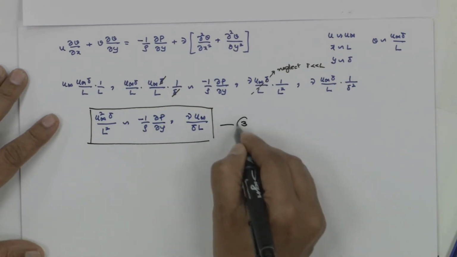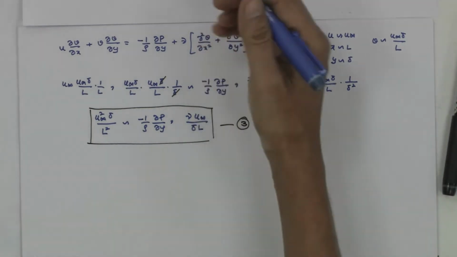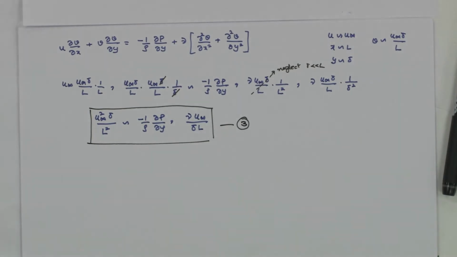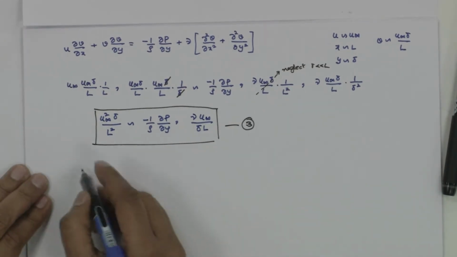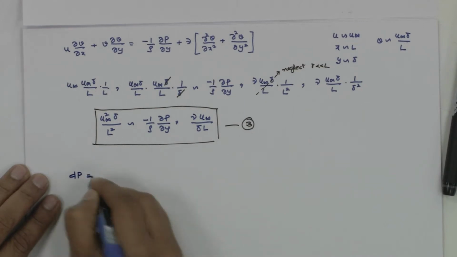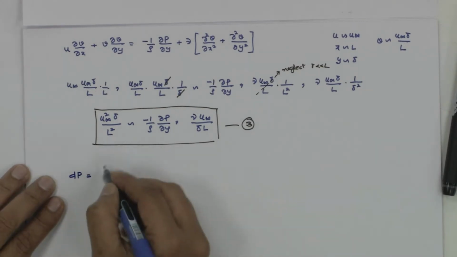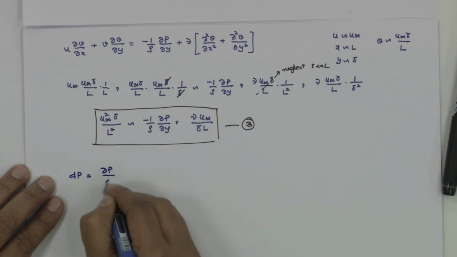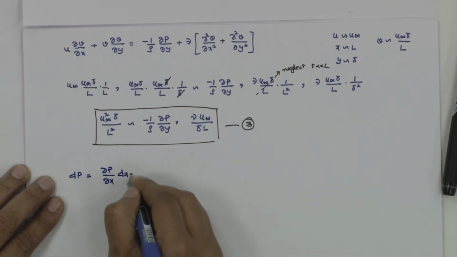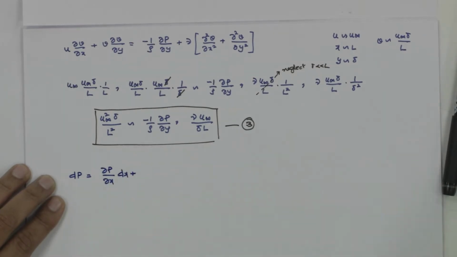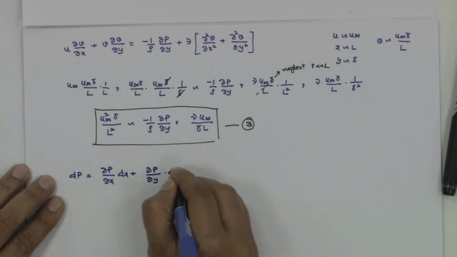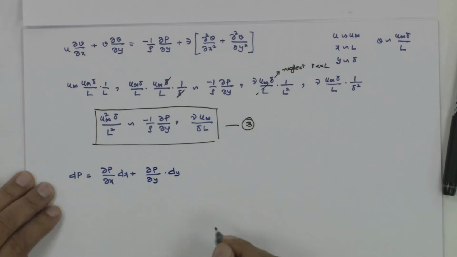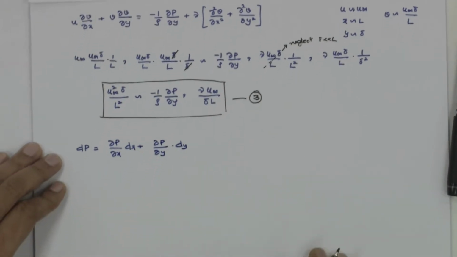Now, we had kept del P by del y and del P by del x as they are. Let us see what will happen. We know that pressure is a function of x and y. So from the partial derivative definition, we can write dP equal to del P by del x into dx plus del P by del y into dy. Now, let me divide this by dx.